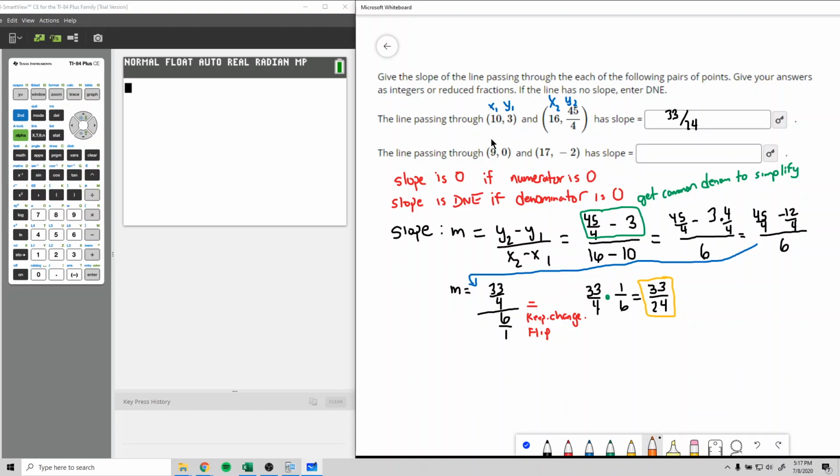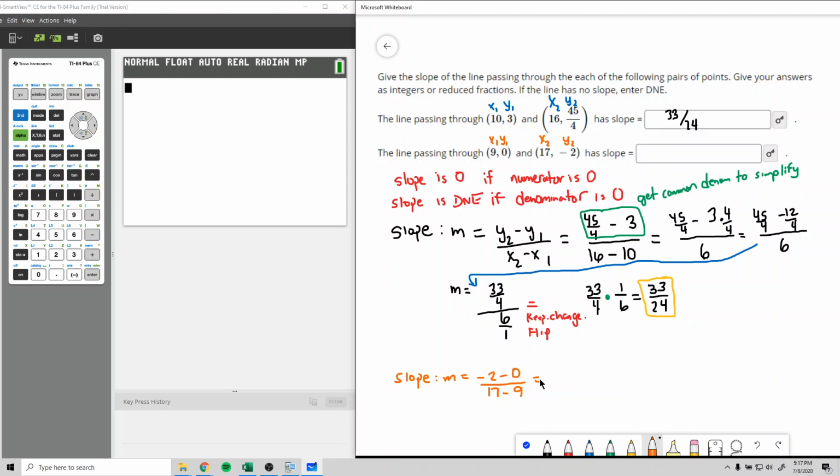But for the second one, I just want to label the points here because we're going to do the same thing. Now our slope for the second one, we've got y2 is -2 minus y1, which is 0, over x2, which is 17, minus x1, which is 9.